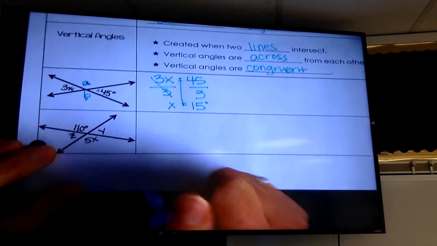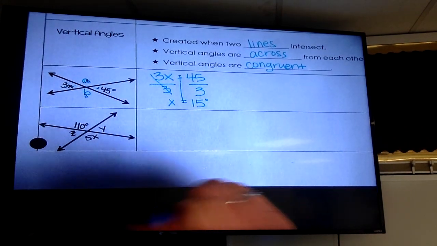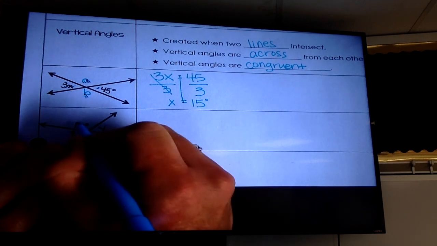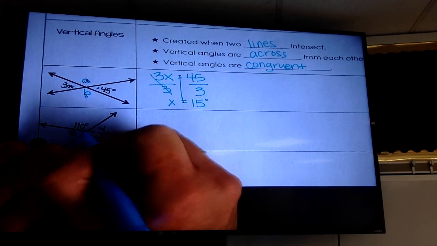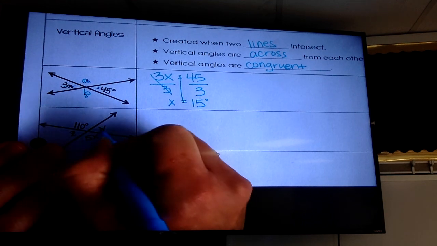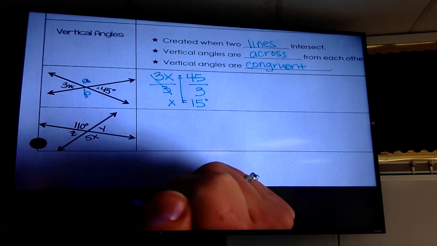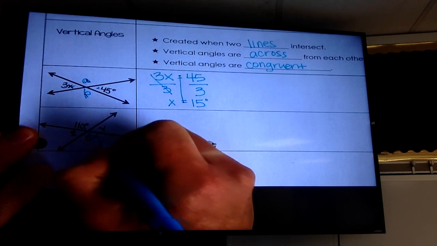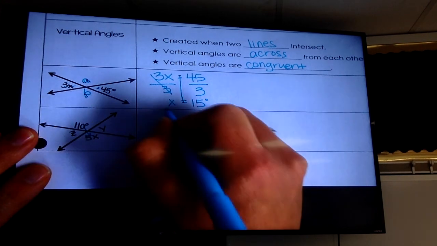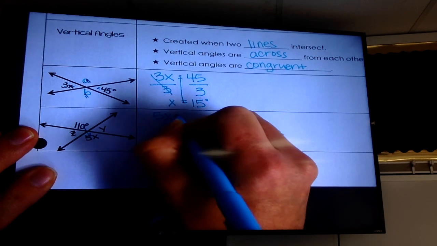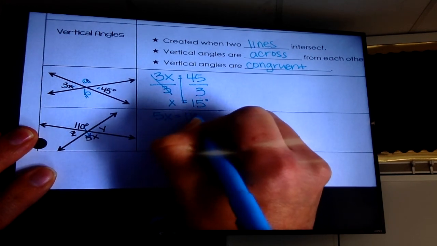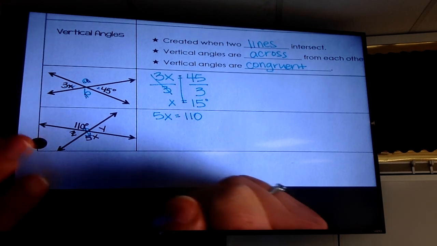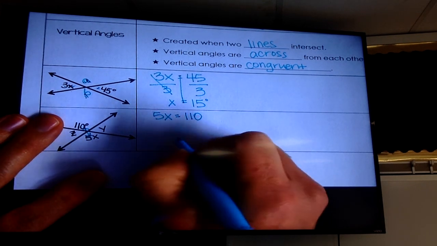So let's try it again. Here's a set of intersecting lines. I've actually only given you one angle measure. I just gave you this one right here, 110 degrees. But from that 110 degrees, I can actually figure out the measure of the other three angles. So I'm going to start with the one that's across from it. Okay, I know that 5x has to be equal to 110 because they are vertical angles. And one thing I know about vertical angles is that they are congruent, meaning the same size.